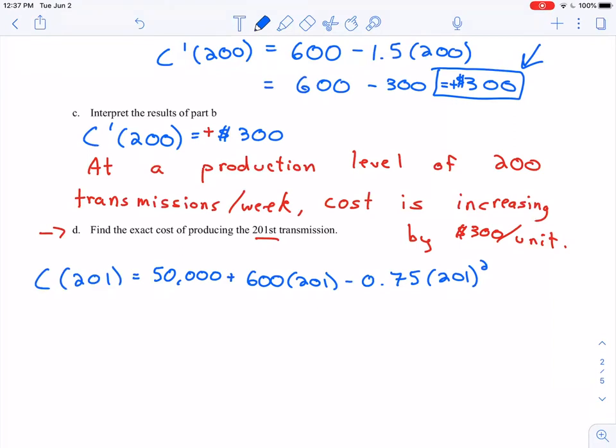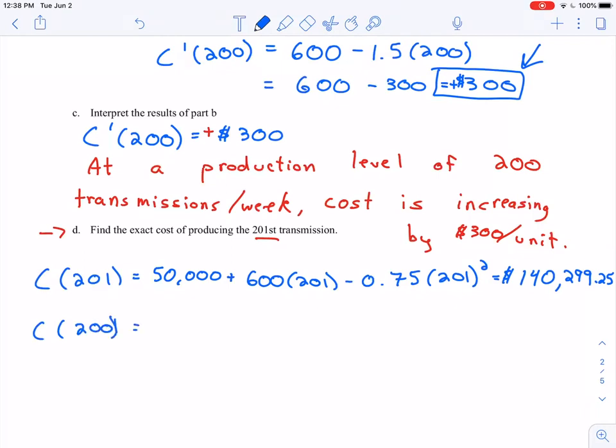So 50,000 plus 600 times 201 minus 0.75 times 201 squared, and I have 140,299.25. So there is the cost. That's the exact cost of producing all 201 items, which is not actually what I want here, but I do need it. I need to take away the total cost of producing 200 units.